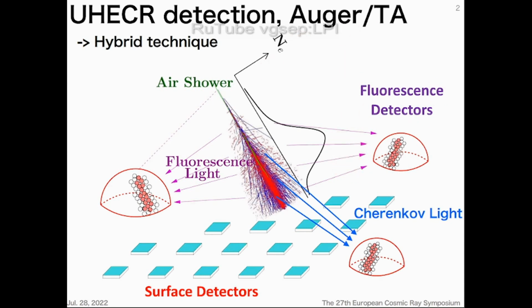The surface detector array observes the air shower particles at the ground, and the fluorescence detector observes the shower longitudinal development by detecting the fluorescence light. To go down to low energy measurement, we also observe the direct Cherenkov light emitted from the shower using the high elevation fluorescence detector.